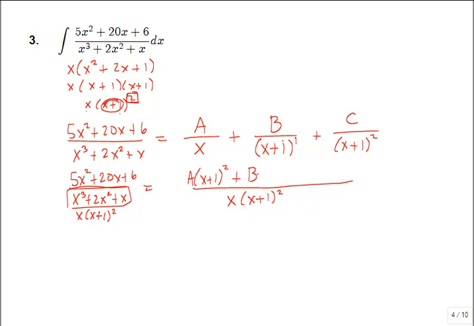So this would be Bx times x plus 1. And the last fraction has both of the x plus 1's, but it's missing the x. So the two denominators we know are equal because this factored into our x plus 1 squared. So that means the two numerators must be equal. So we're going to set them equal to each other.